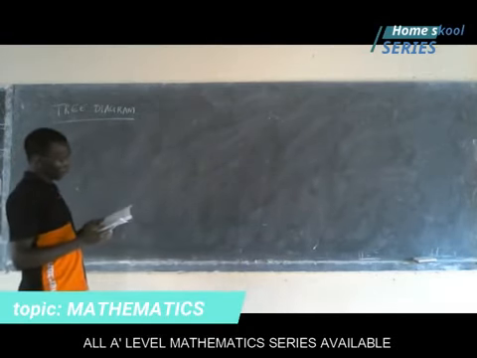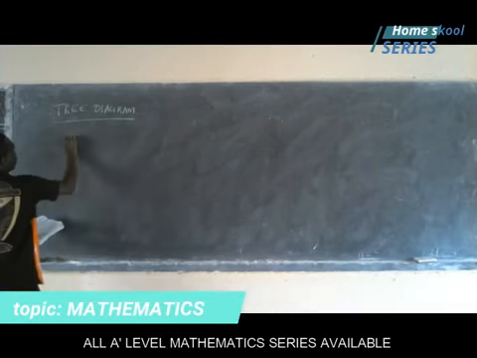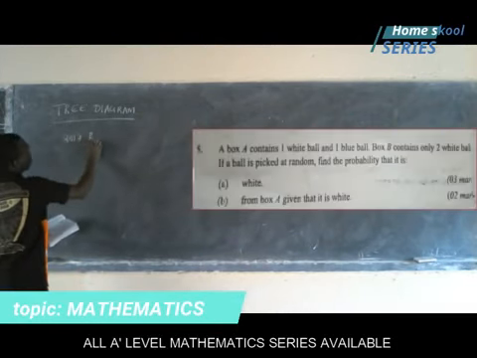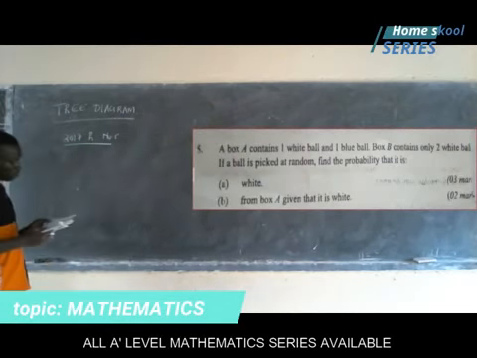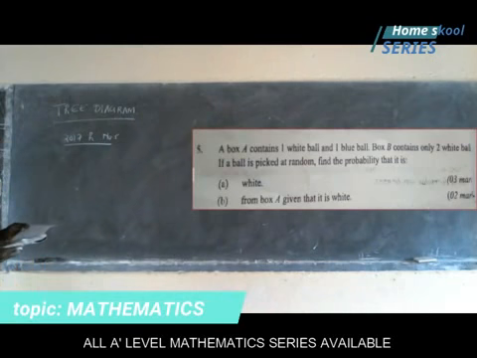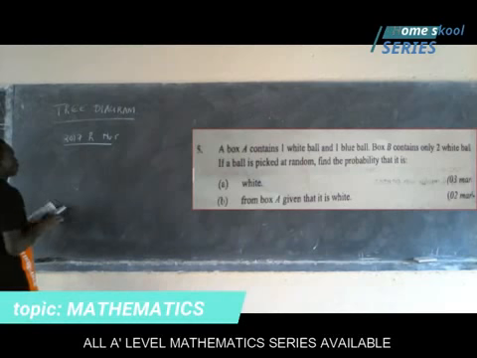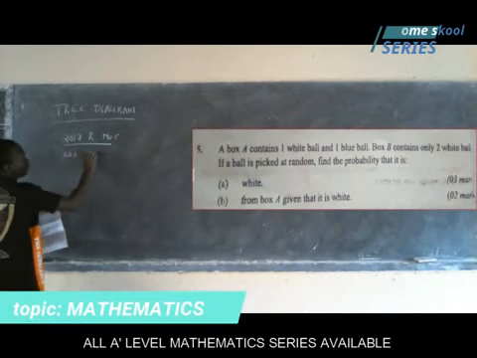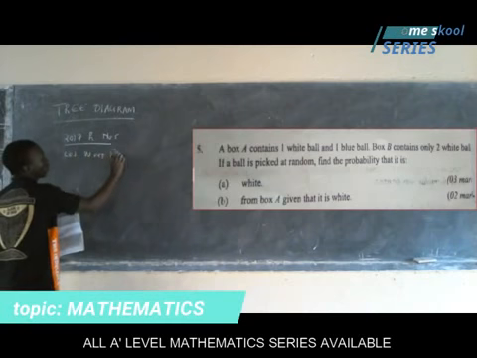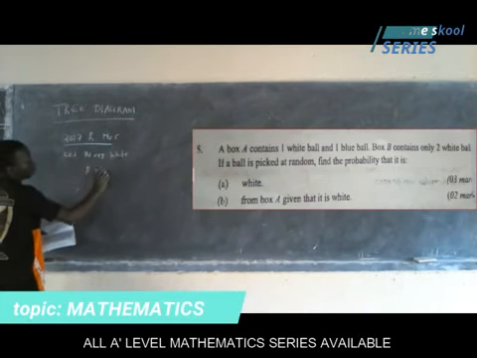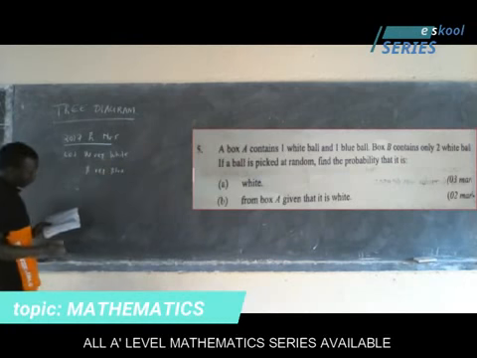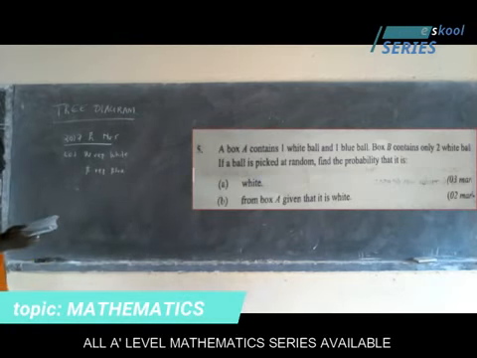2017 paper 2 number 5. It says that a box A contains 1 white ball and 1 blue ball. We have in here, let W represent white, and likewise B represent blue.